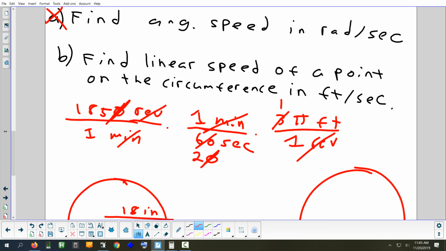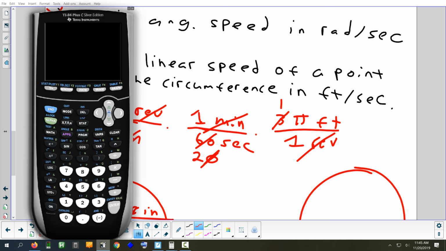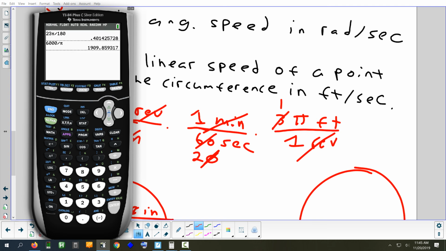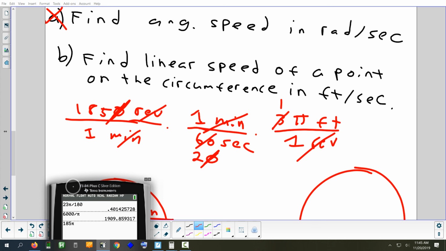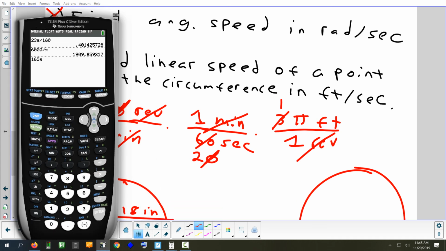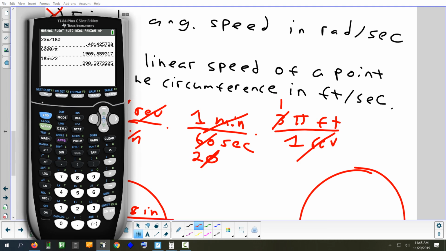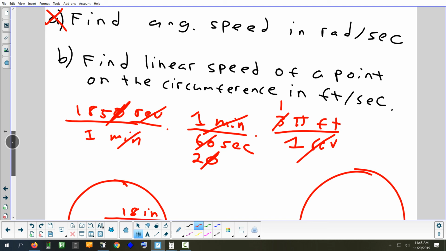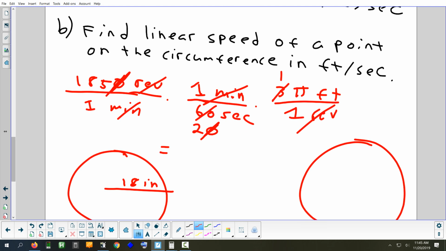I can't really do it in my head. So that's 290.6 feet per second. So just put that here.